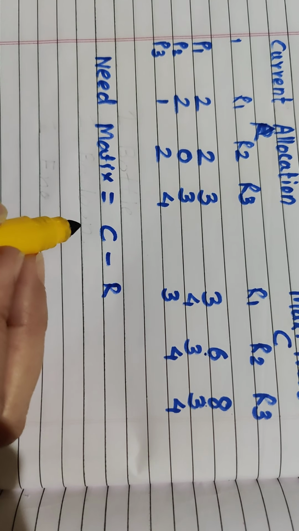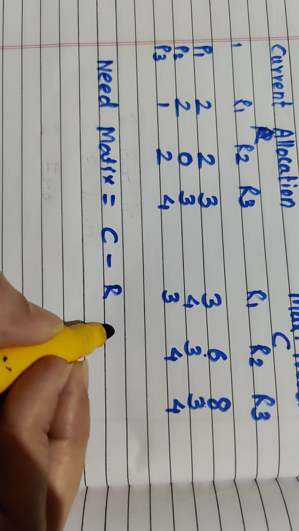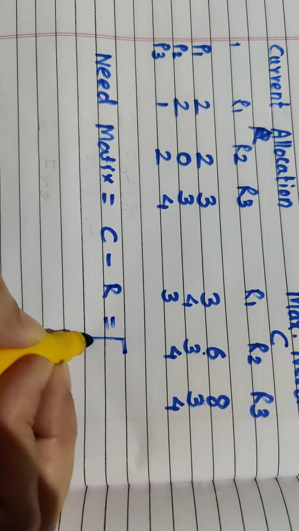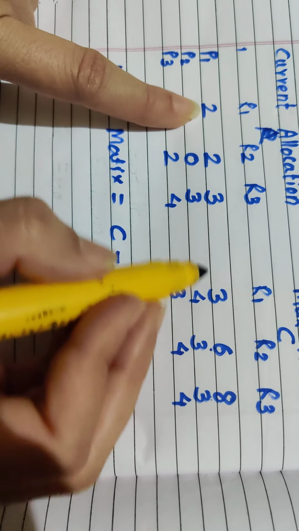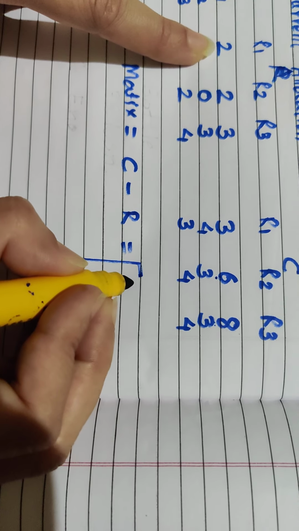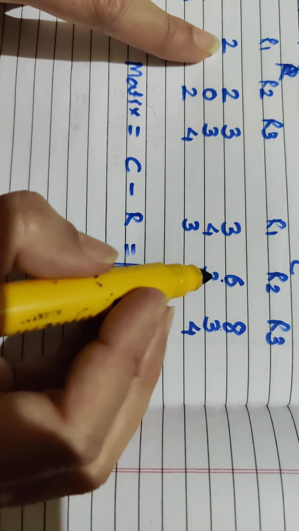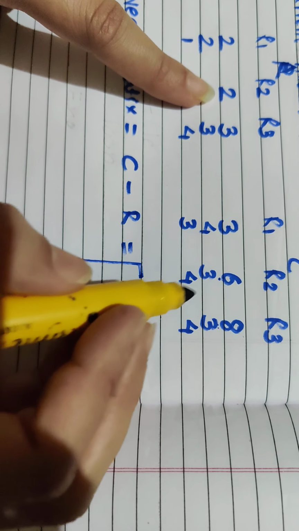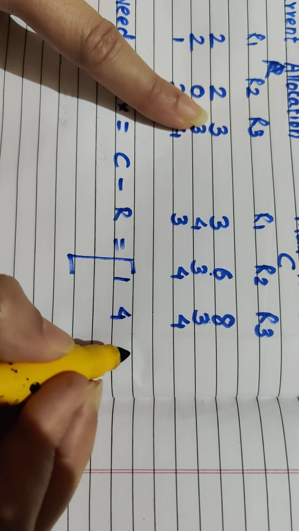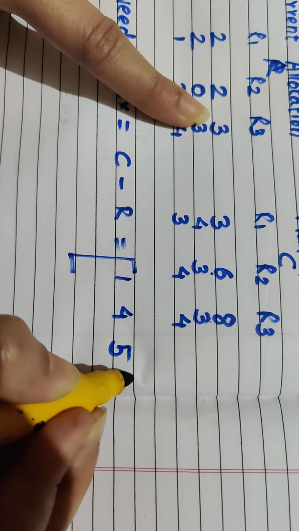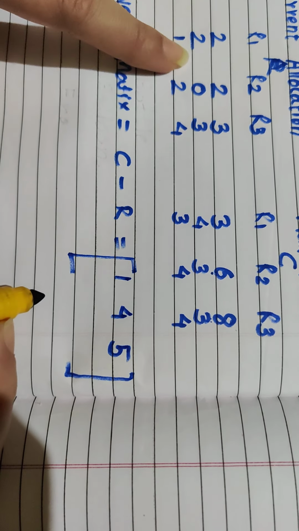What will the need matrix be? It will be 3 minus 2, which is 1. Similarly, 6 minus 2 is 4, and 8 minus 3 is 5. So we have to calculate this need matrix.